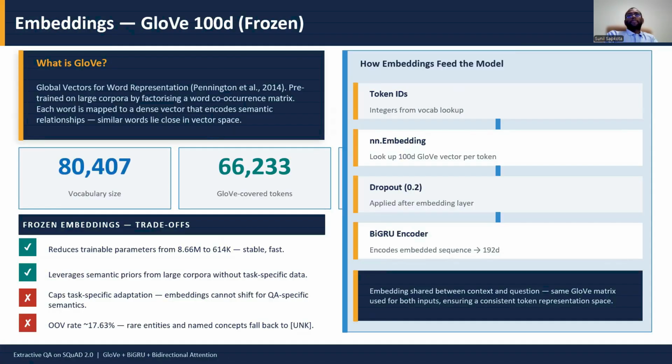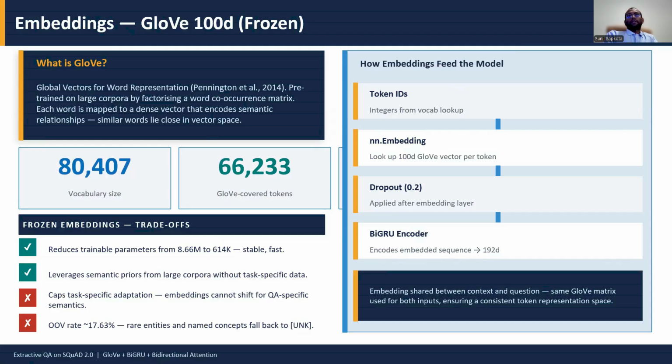For word vectors, I used pre-trained GloVe embeddings. Each word becomes a 100-dimension vector. The project requirement was to use 100 or 300, so I just used 100 dimensions. I kept them frozen during training, which cuts trainable parameters from 8.66 million to about 614K.